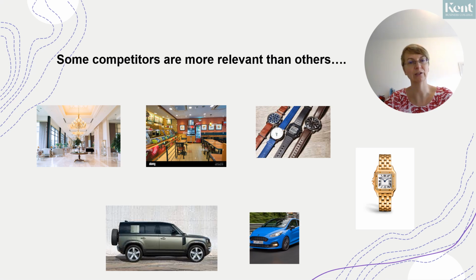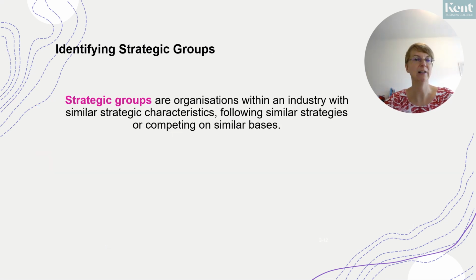They serve a different customer range. And so this concept is called strategic groups. Now, the definition you can see here: strategic groups are organizations within an industry with similar strategic characteristics.